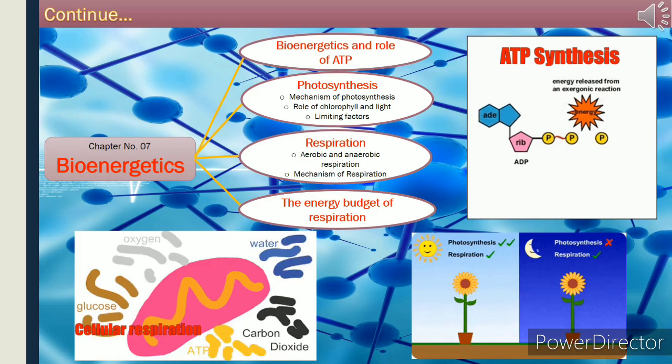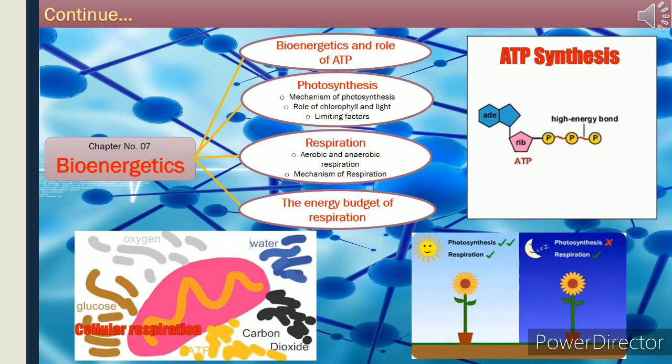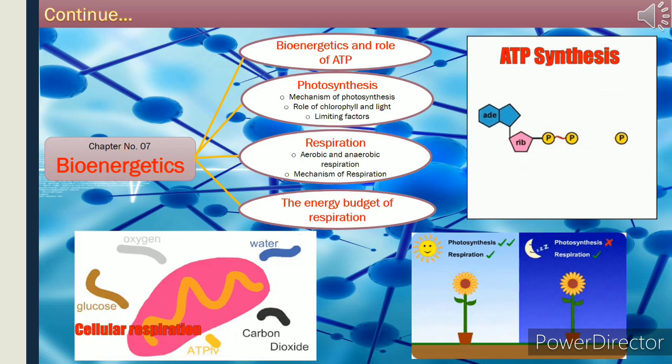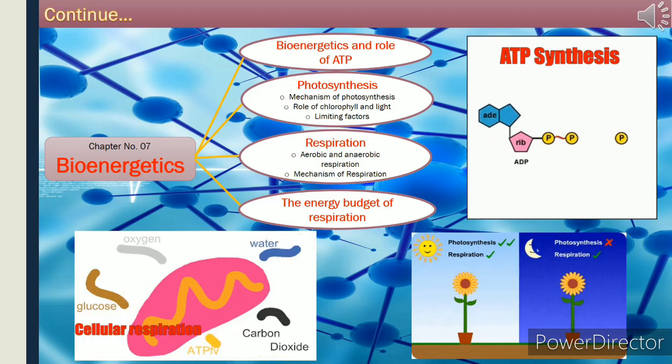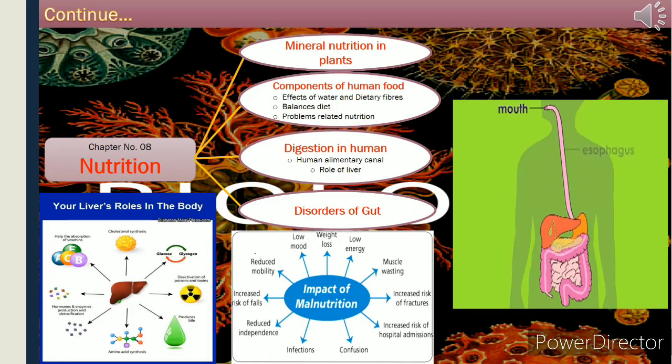ATP are energy molecules, photosynthesis, mechanism of photosynthesis, role of chlorophyll and light in photosynthesis, and which factors affect the rate of photosynthesis, and respiration, types of respiration, aerobic and anaerobic respiration, mechanism of respiration, and the last one is the energy budget of respiration.